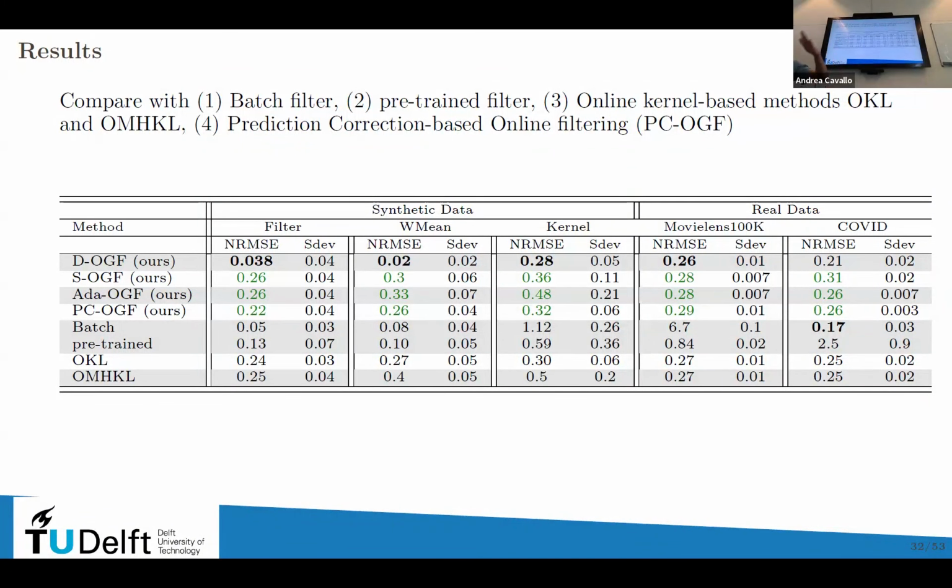So its result is always a bit in between the DOGF and SOGF. It gives you an idea of how much of the attachment is really helping you. But typically, the takeaway of the slide is that the DOGF, of course, does better, but in some cases the stochastic approach can be close, and I think the gap is even smaller in real world data.